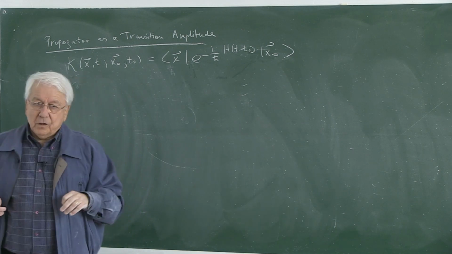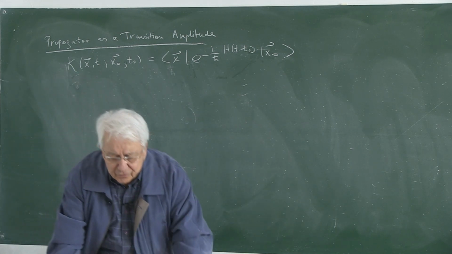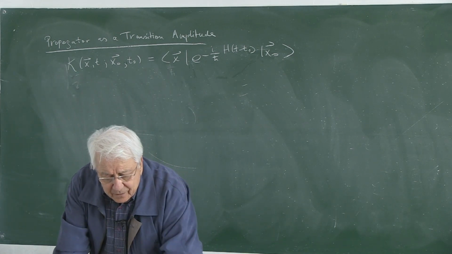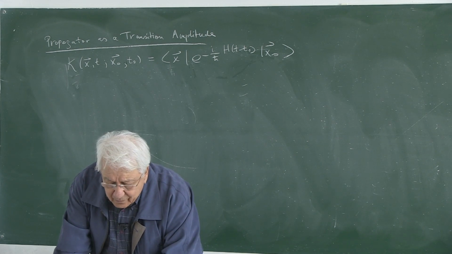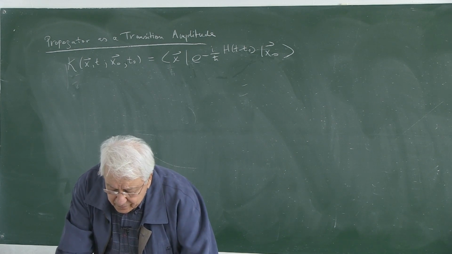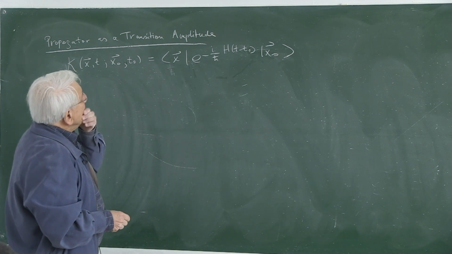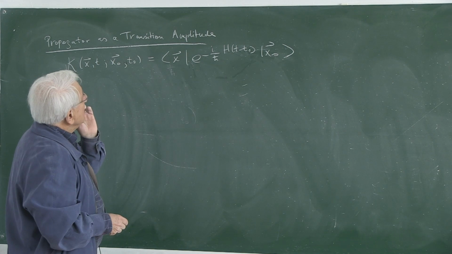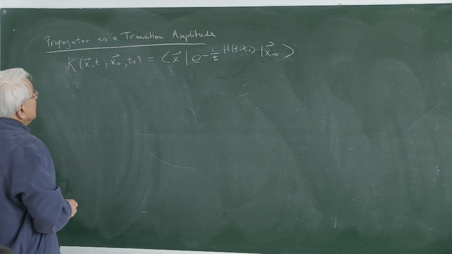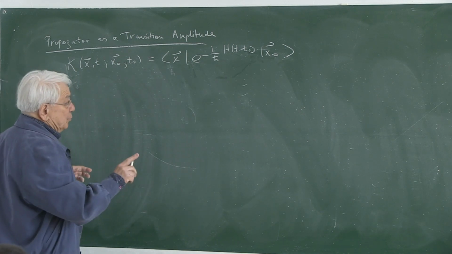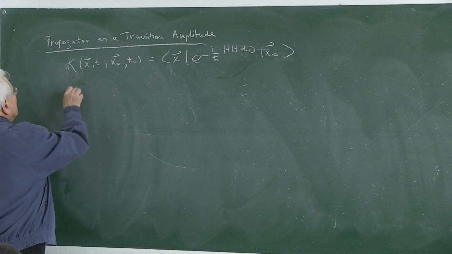Now this is the general form of the quantum mechanical expression. We can do many things with this. First of all, notice that this is nothing but, by the way, before proceeding, consider the following quantity.